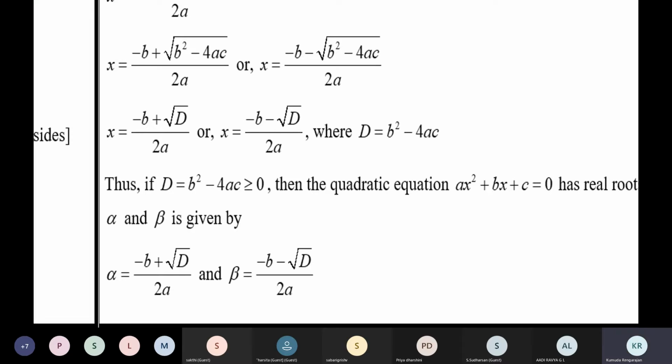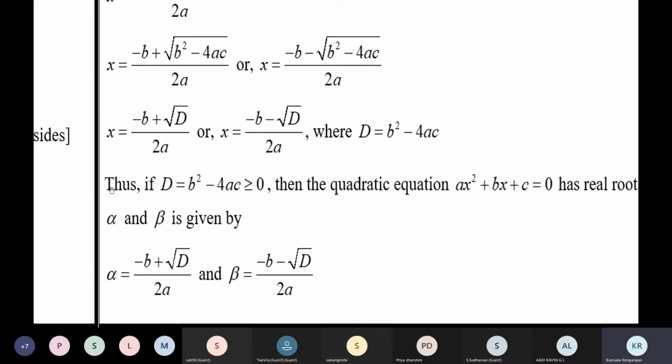Greater than 0 are positive values. If b square minus 4ac is greater than 0, it's positive, because values greater than 0 are all positive values. When we say b square minus 4ac is less than 0, we are talking about negative values.